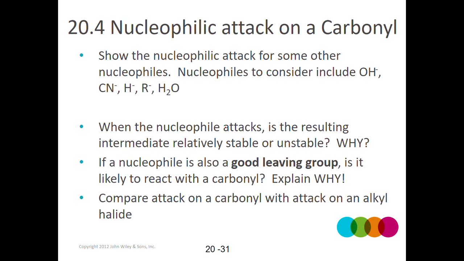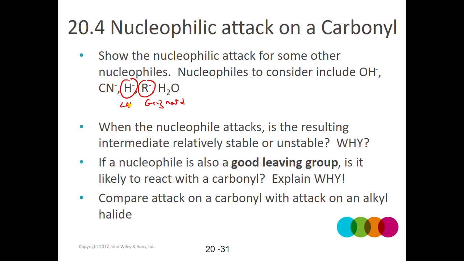So if I want to attack a carbonyl carbon with a nucleophile, the nucleophile can't also be a great leaving group. And so that means a hydride, a negatively charged carbon like a Grignard.